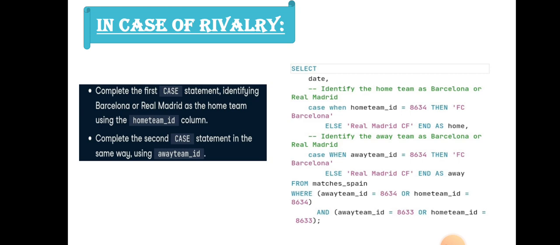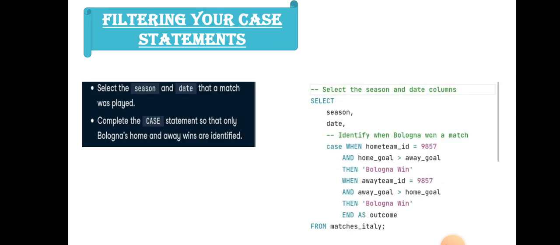Case when away team ID is 8634, then FC Barcelona, else Real Madrid CF, and as away from matches Spain, where away team ID is 8634 or home team ID is 8634 and away team ID is equal to 8633 or home team ID is equal to 8633.